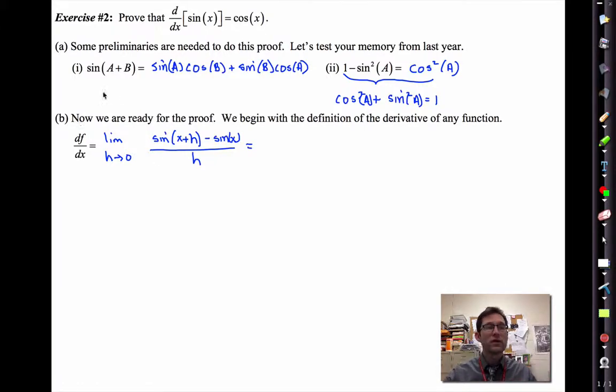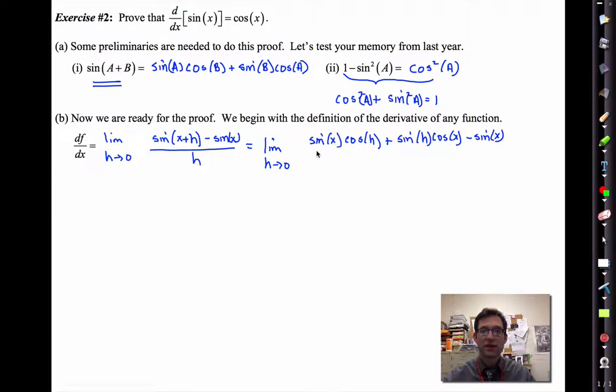Well, one thing that we can do is use the trig identity in number 1 to rewrite that numerator. Now, don't forget to keep the limit. So I can say the numerator is sine x times the cosine of h plus the sine of h times the cosine of x, and then I just have that sine of x attached to the end.